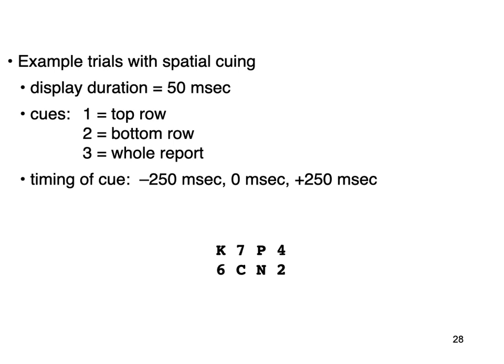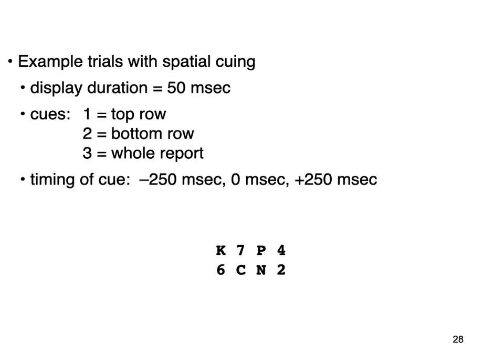Now the timing of the cue is presented in this case at 0 milliseconds, and we'll talk about the minus 250 in a minute, but at 0 milliseconds it means the entire 8-item array is gone, and then I give you the cue, either 1, 2, 3, or 4, telling you which row to report, or just report as much as you can see if it's 3. 250 means there's a delay, and so of course I'm going to lose information from the icon, and so my performance will be worse.